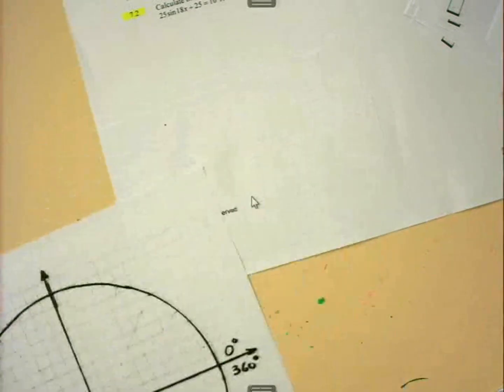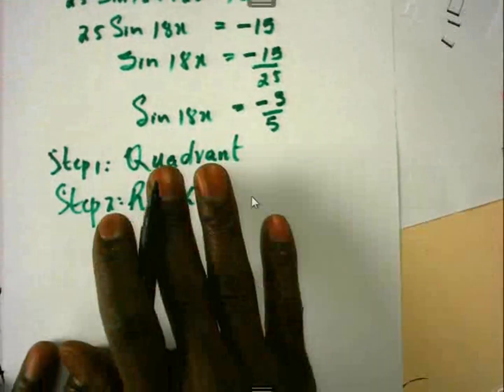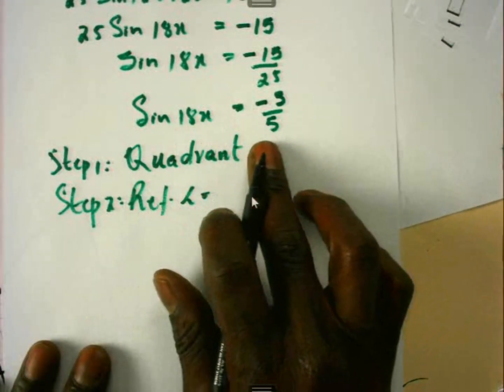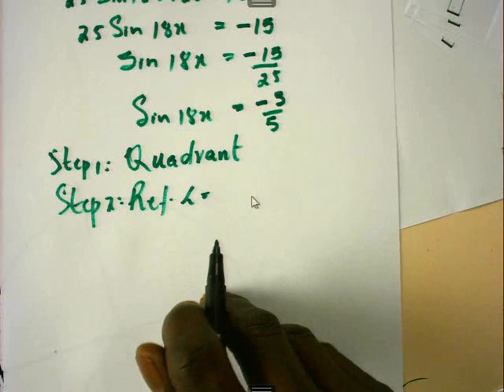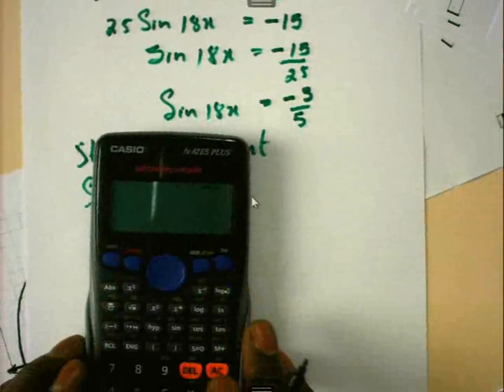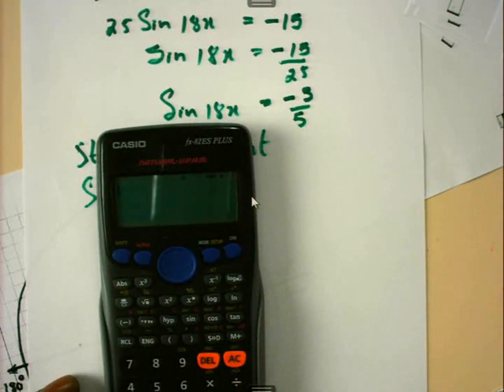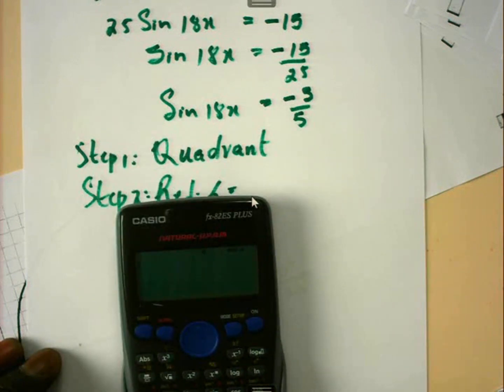Now our problem is sine 18x equals negative 3 over 5. So we take our calculator. In this case, we cannot be so intelligent. We need to press arc sine of a fraction on my Casio.